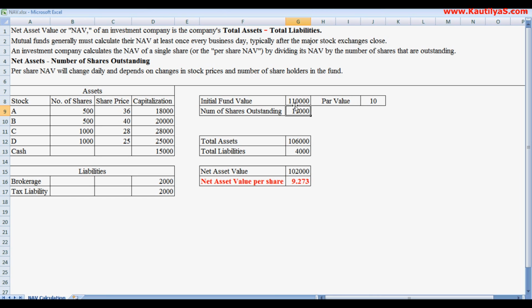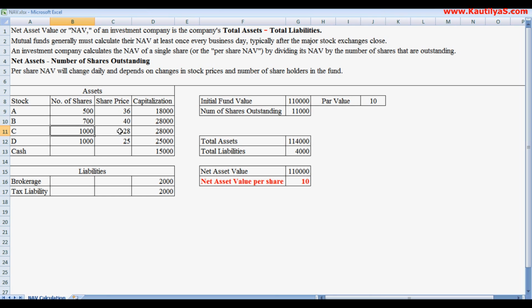So this 10,000 rupees is invested in purchasing shares. Let us say in this stock we have 500 shares. With the 10,000 we may purchase 200 shares here. So 500 plus 200, total number of shares is 700.